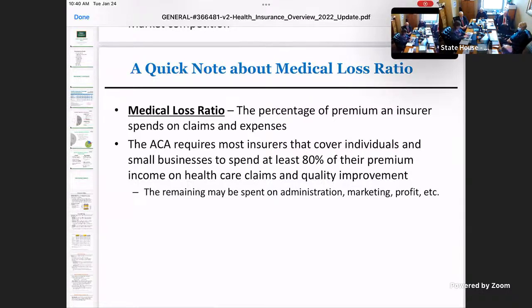So that must be, under federal law, at least 20%. There are, I believe, financial penalties if they fall below that 80%. It's to protect the idea that the majority of the premiums you're paying in should be going towards the cost of your healthcare, not towards a large company profit or something along those lines.